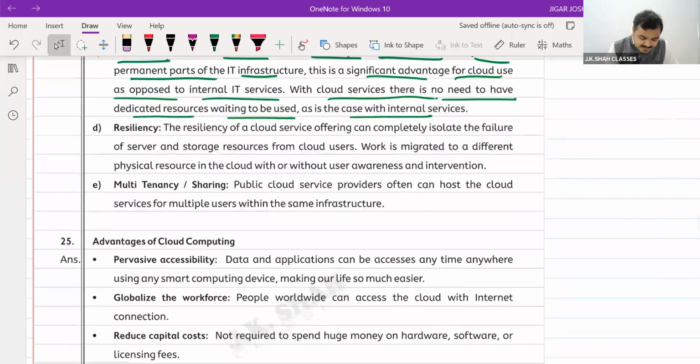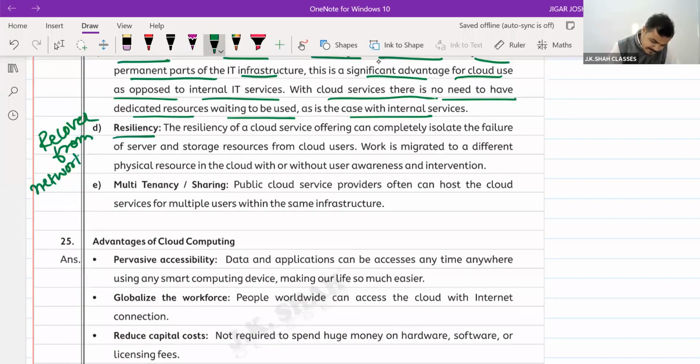Okay, sir. Resiliency. What is resiliency? Please write it down. Resiliency means recovering from network error. If you face any type of network error, people, you can be completely relaxed in the case of resiliency. This cloud service will be available to you 24/7.